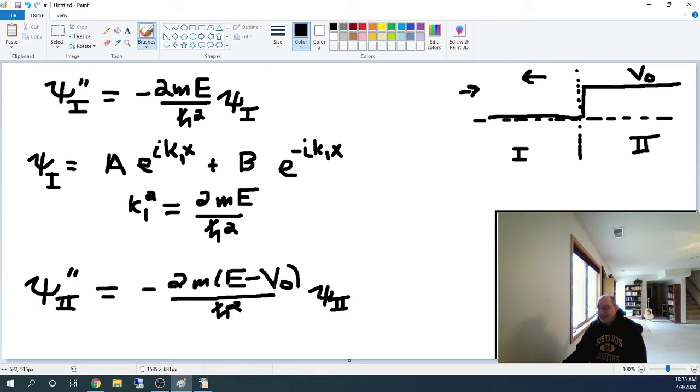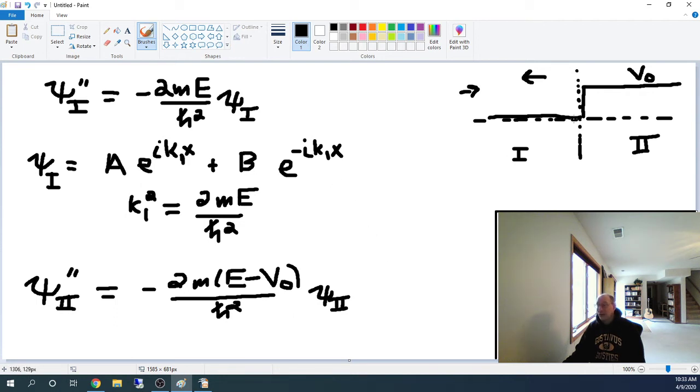It's basically going to have the same sort of form as this one, where the second derivative is equal to negative some positive constant times the original function back, and the solution will be plane waves. That's if E is greater than V0. Okay, so the solution would be plane waves.